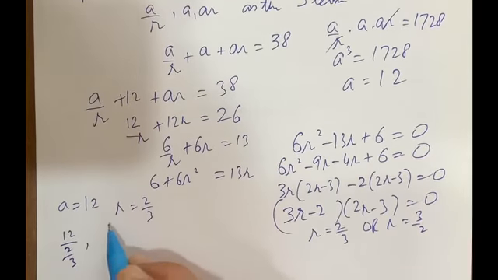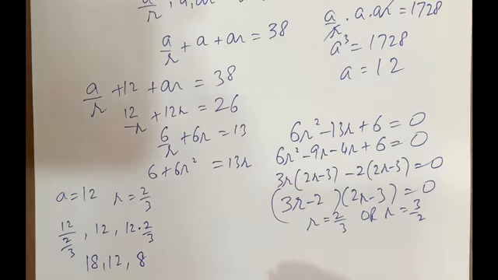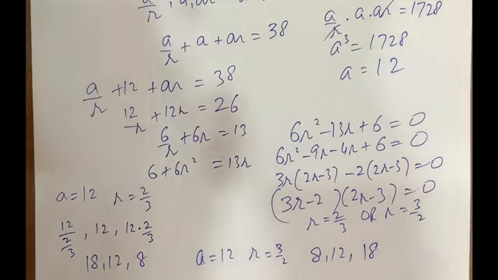The second term will be a, that's 12, then a into r, a into 2 by 3. This will be 18, 12 and this will be 8. Similarly, if we consider a equals 12 and r equal to 3 by 2, we will have these very numbers but in reverse order, that is 8, 12 and 18.